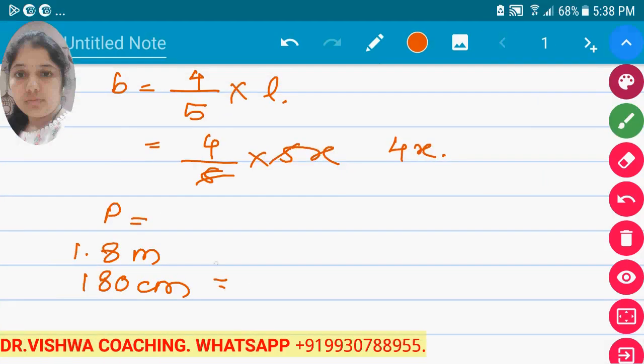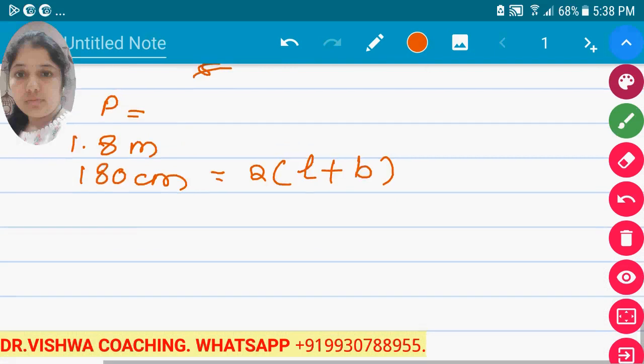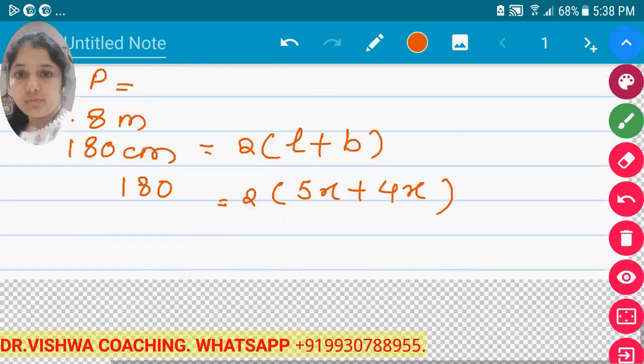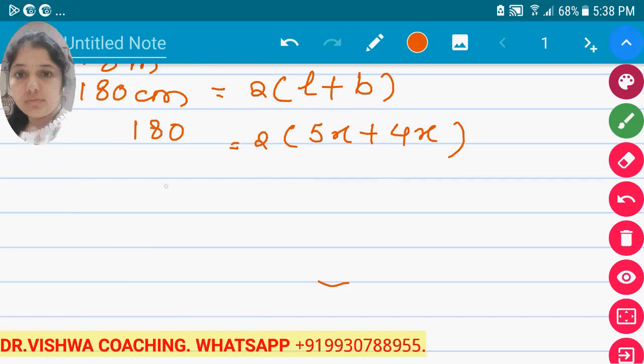Now 180 centimeter is equal to 2 into bracket length plus breadth. Now what is our length? Length is 5x and breadth is 4x, equal to 180. Now this 2 will come to the left hand side. So 180 divided by 2 gives us 90, and 5x plus 4x becomes 9x.